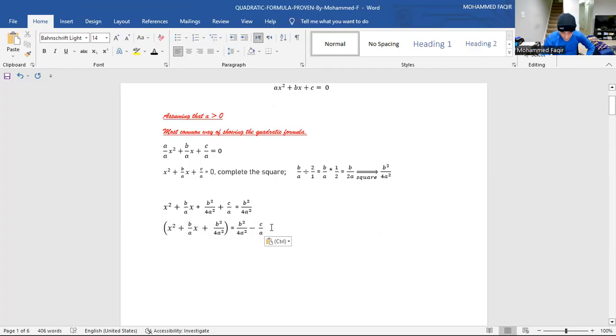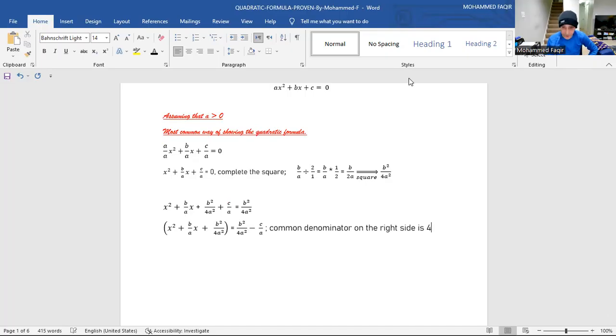So for this, what is the common denominator? I'm talking about the right side, okay? On the right, the common denominator is 4a squared.